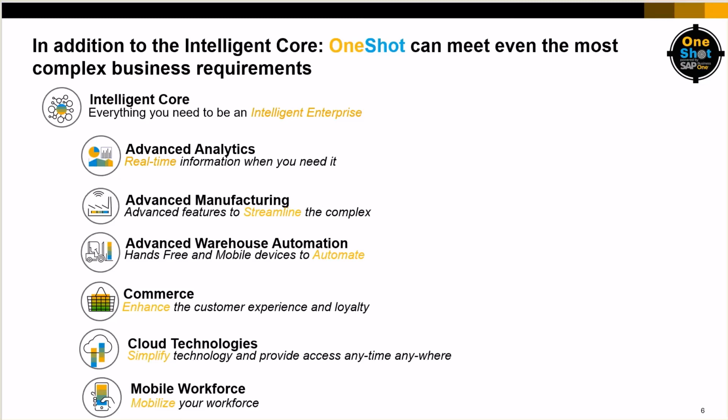So things such as advanced analytics, advanced and very detailed manufacturing, warehouse automation or WMS with handheld scanners, e-commerce integrations to not only point of sale directly in your store, but also online with e-commerce. Having things in the cloud anytime and where you want to have that. And then even hands-free mobile use of the OneShot powered by SAP Business One solution on your mobile device. So these are just a few to help you see some of the advanced things that we can help your organization with.